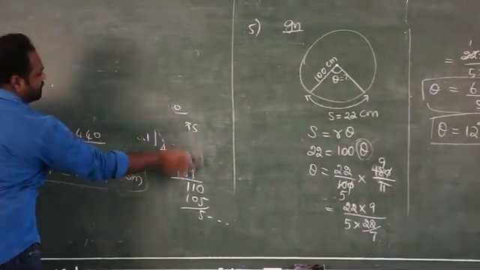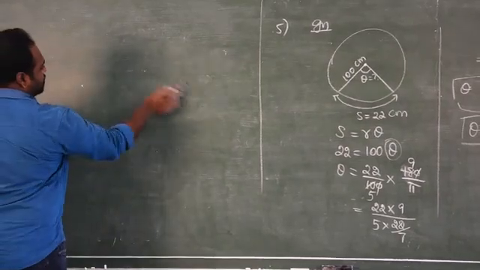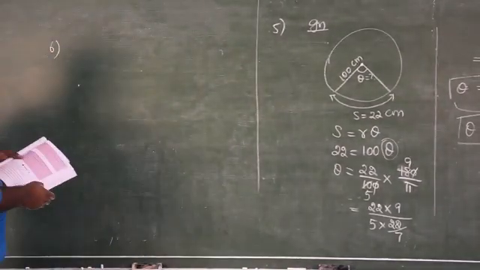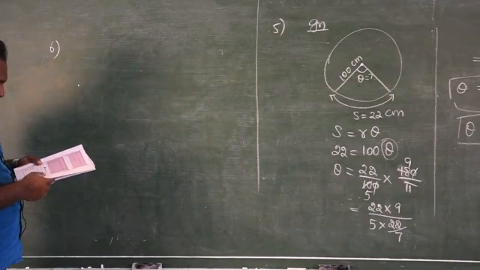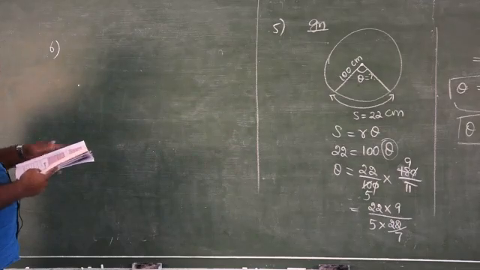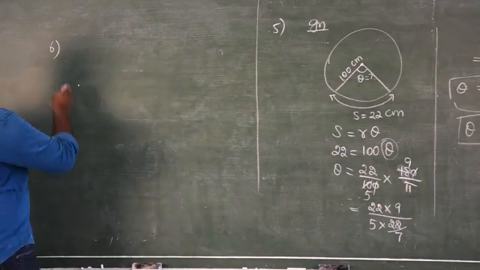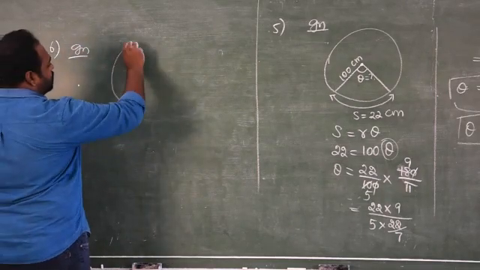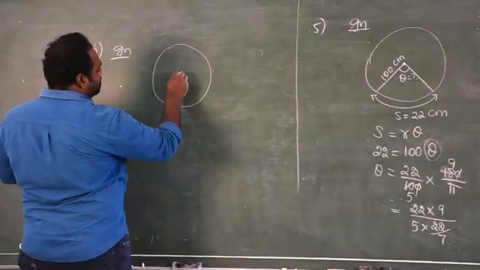Next, problem number 6. What is the length of the arc intercepted by a central angle of 41 degrees in a circle of radius 10 feet? As usual I am going to construct a circle.